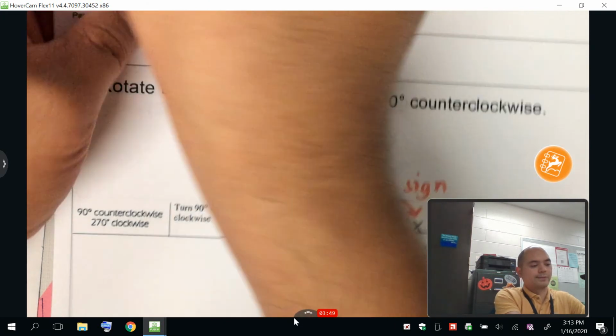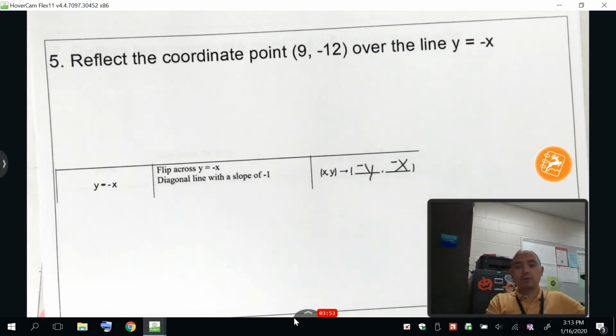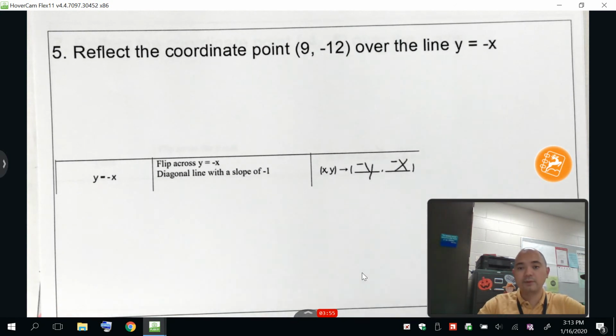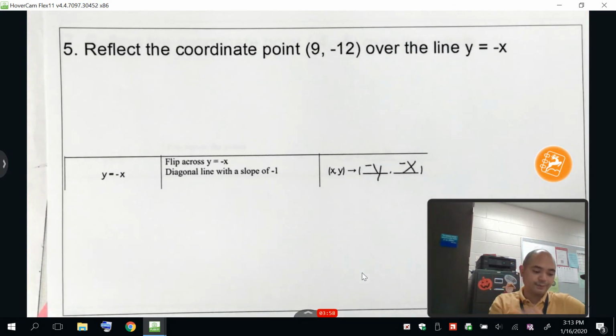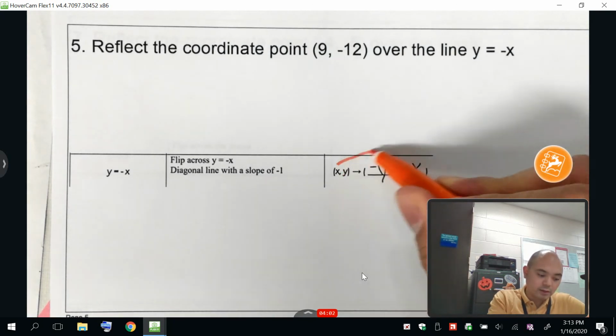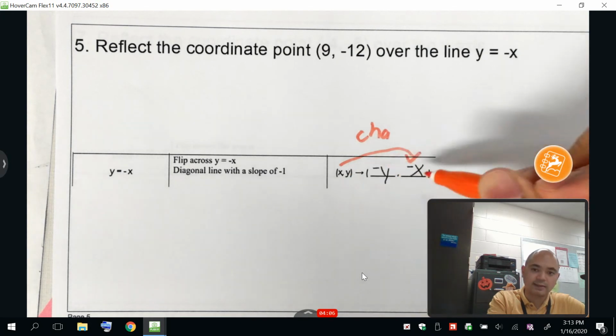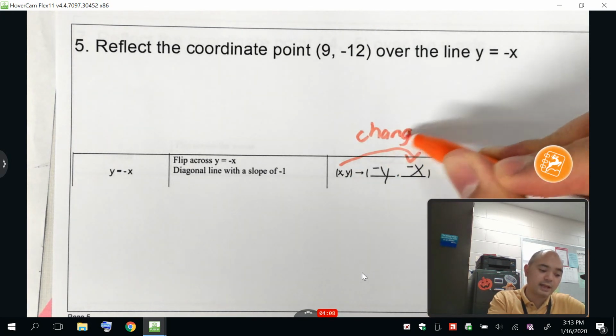Alright. Next up, reflect the coordinate point (9, -12) over the line y equals -x. Here's your rule. What's happening here is your x right here goes to the back. It changes the sign because that's negative, that's positive. When that happens, that means change sign.